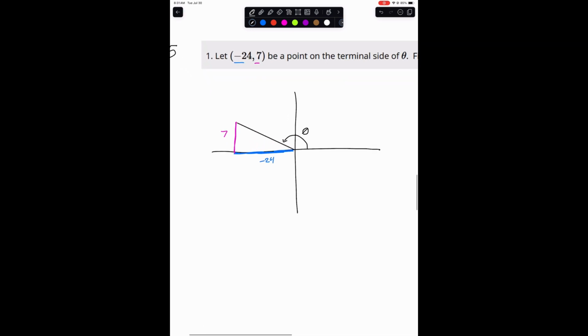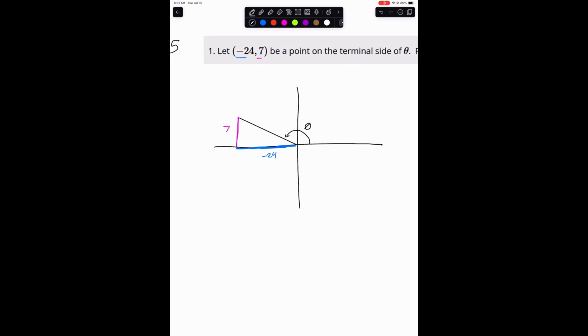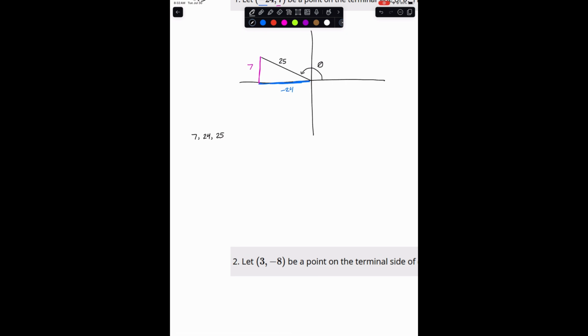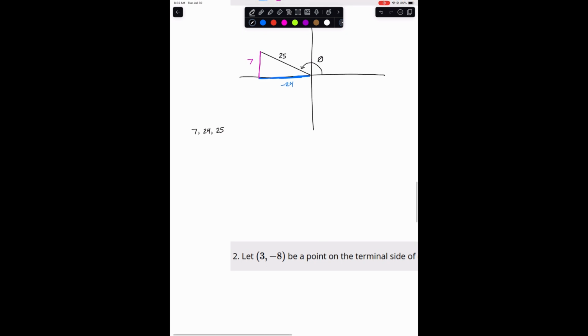Okay, so why special right triangles, right? This is 25. This is just a combination you need to remember, or that ends up being remembered. 7, 24, 25. I want to say that I can prove it, hopefully. 7 squared is 49. 24 squared, I'll come back to that. 25 squared is 625.